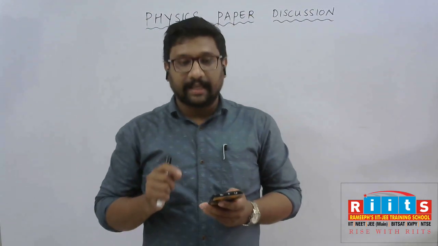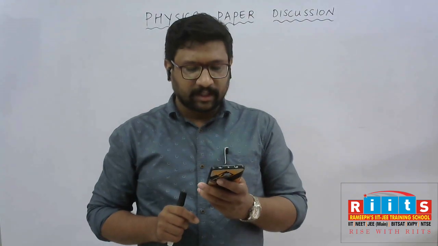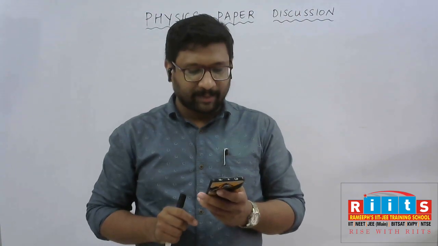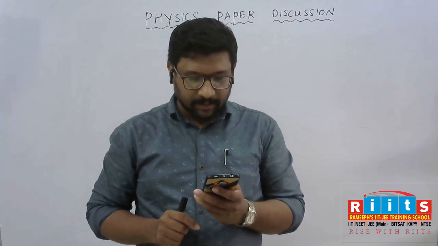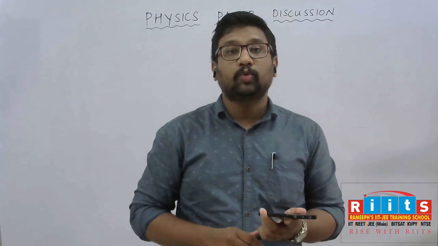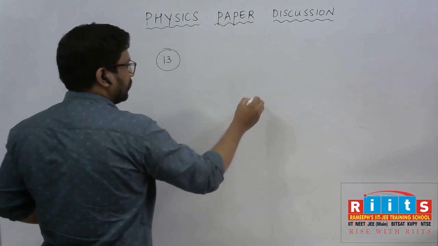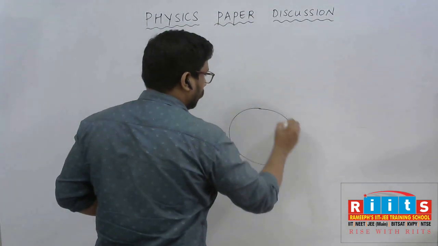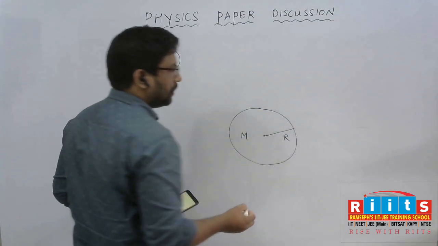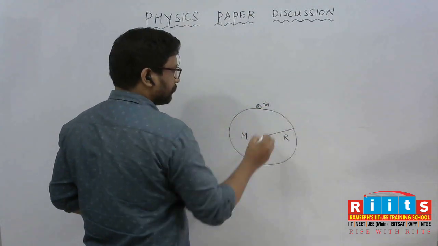Question number 13. What is the minimum energy required to launch a satellite of mass m from the surface of a planet of mass capital M and radius r in a circular orbit at an altitude of 2r? In question number 13, from a planet of mass M and radius r, you are launching a satellite of mass small m.